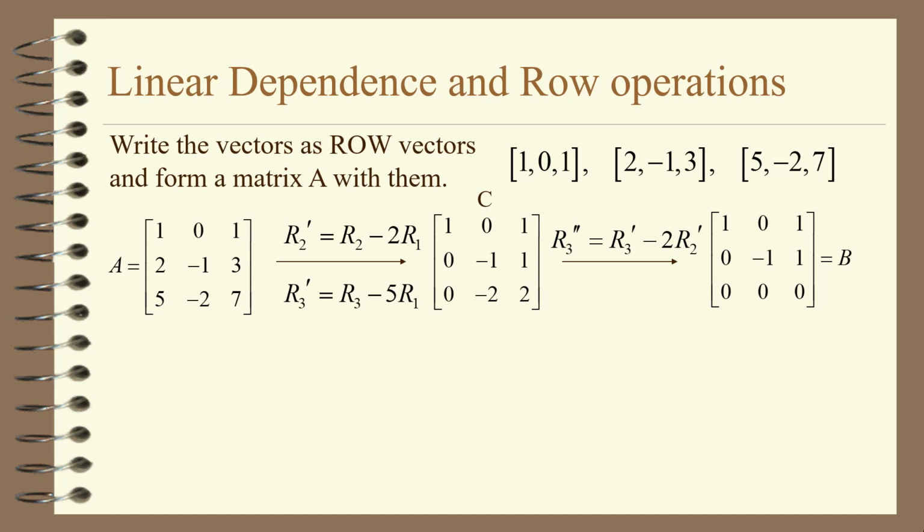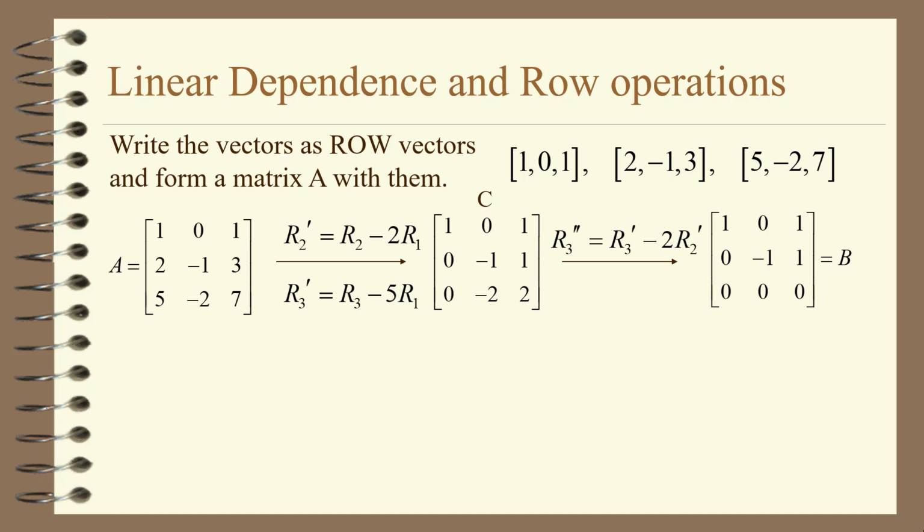I can't call them the same thing I did before. So I'll call them R1 double prime, R2 double prime, R3 double prime. Notice that R1 prime and R1 double prime are the same, and R2 prime and R2 double prime are also the same, because the first rows of B and C are equal, the second rows of B and C are equal, but the third rows of B and C are not equal.